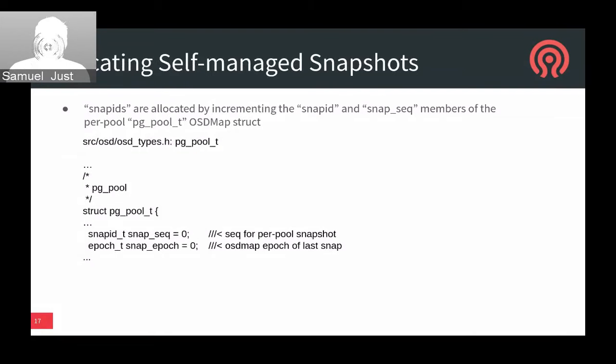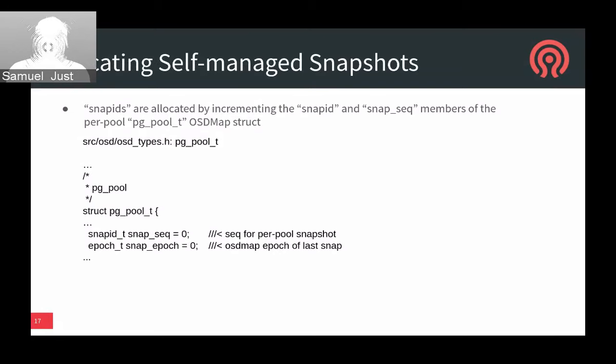So the snap create process is essentially a monitor operation. All that happens when you create a self-managed snapshot is the monitors give you a new snap ID that hasn't been given to anyone else on that pool, and that is greater than any snap ID you've gotten in the past. The way this is arbitrated is pretty simple.